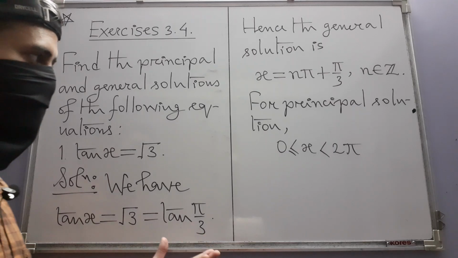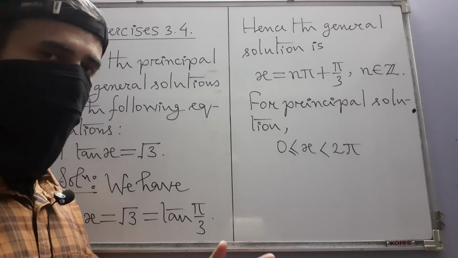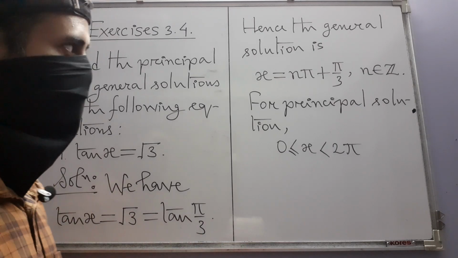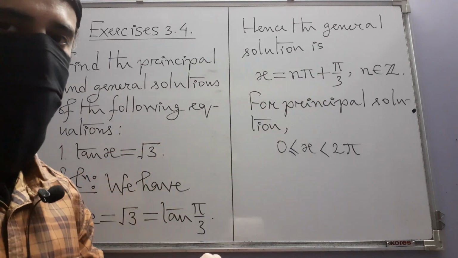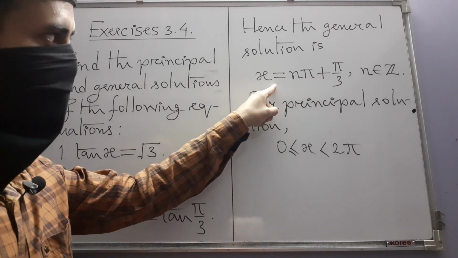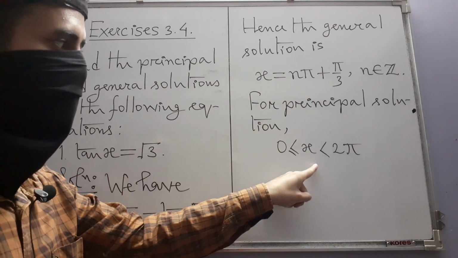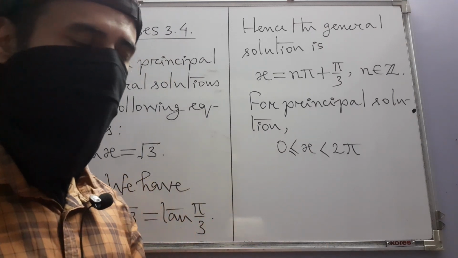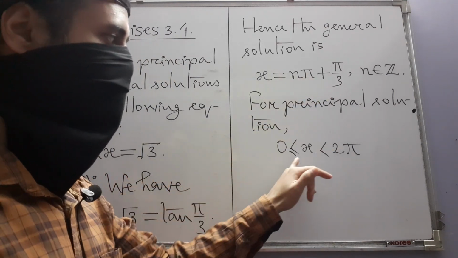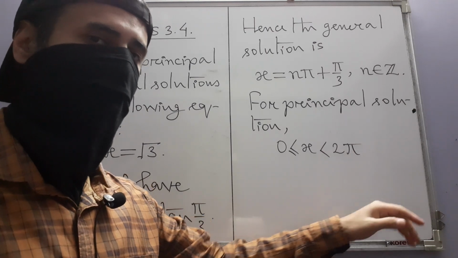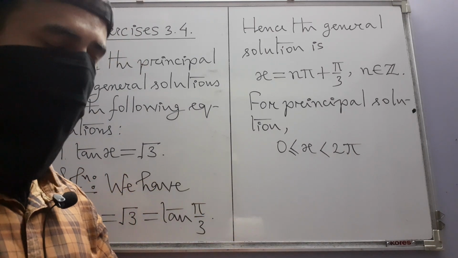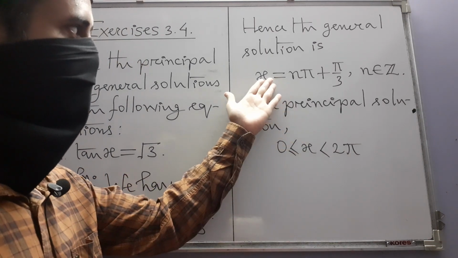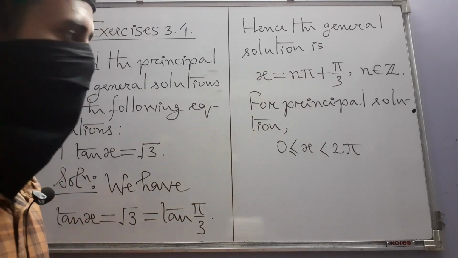Obviously, the principal solutions are also going to be solutions after all, so they will look like this. Now we will substitute this expression for x here and then solve these inequalities to figure out those n for which these inequalities will be true, and they will be the principal solutions. I mean not the n's but the x's corresponding to those n's.